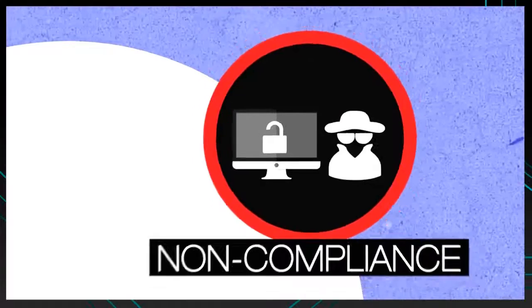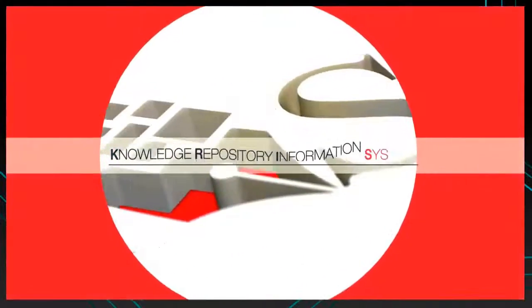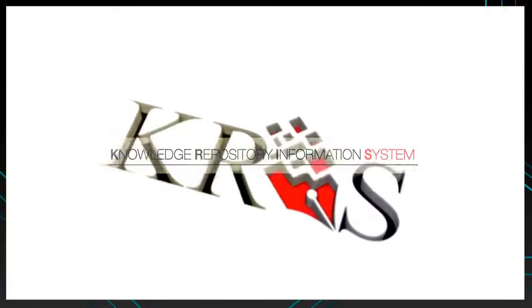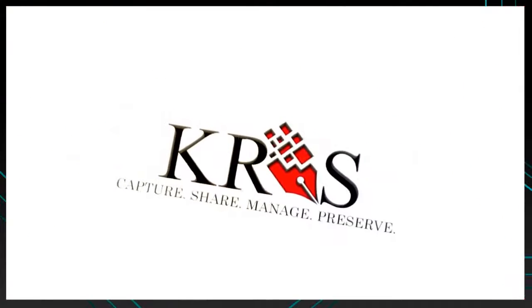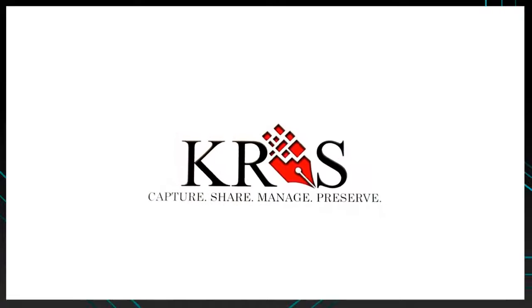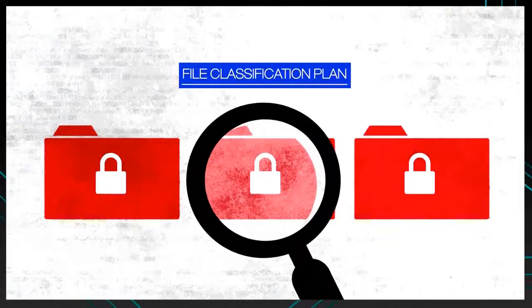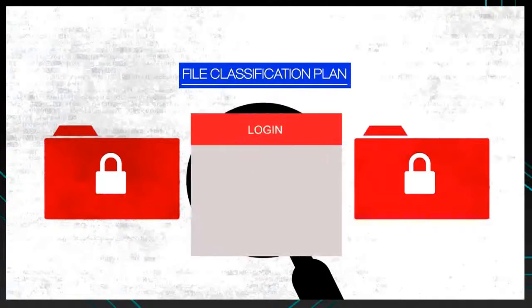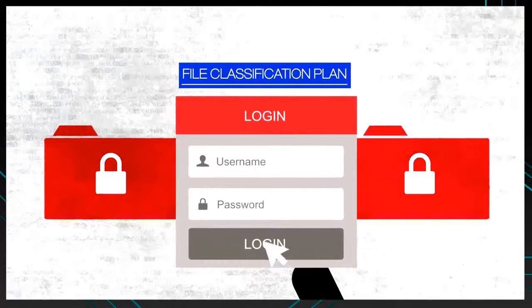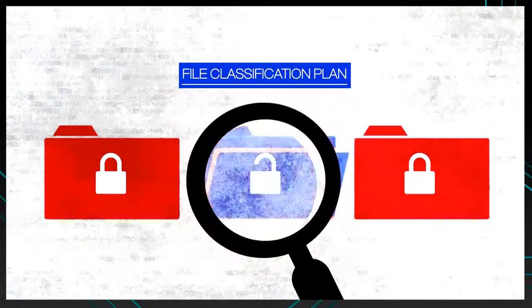We have the solution. Knowledge Repository Information System, CRIS. CRIS will help you capture, share, manage and preserve both the electronic and paper documents for the entire record lifecycle. For example, CRIS gets files organized through a file classification plan and role-based organization chart to ensure relevant people file and access relevant documents and records.